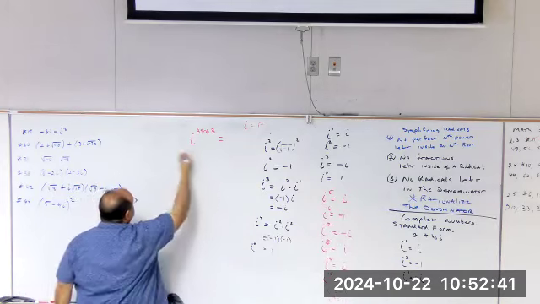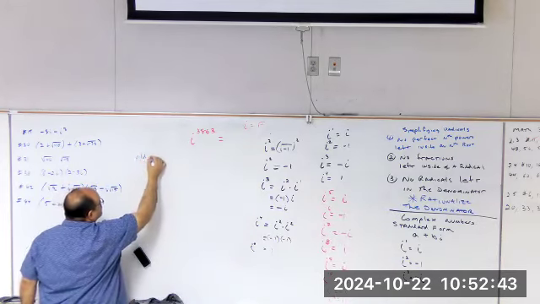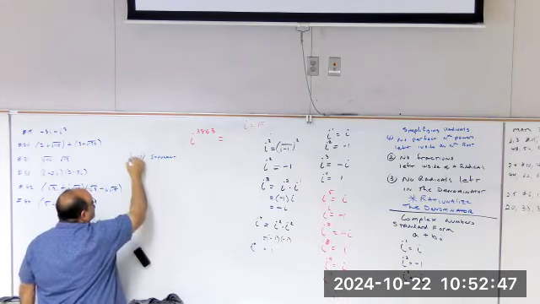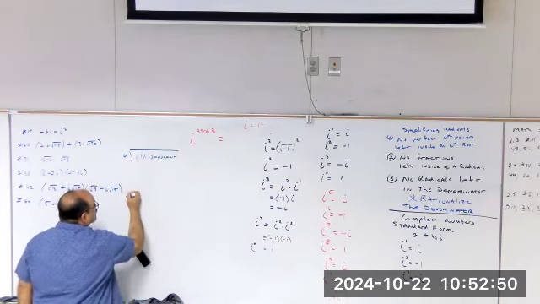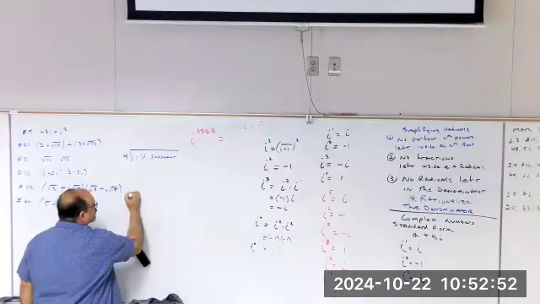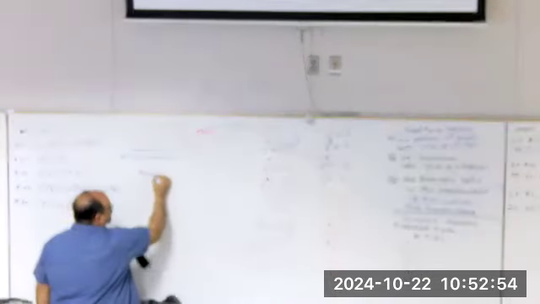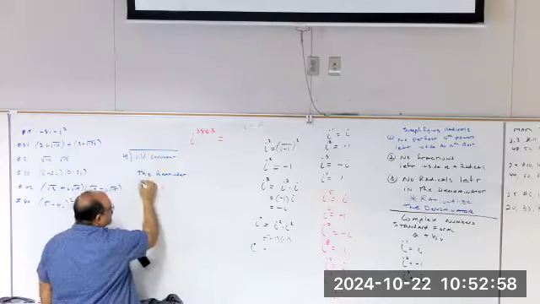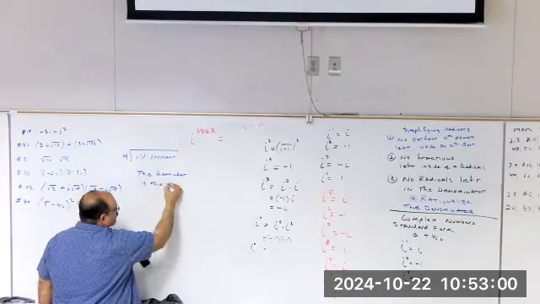You take the old exponent and you divide by 4. The remainder is the new power.